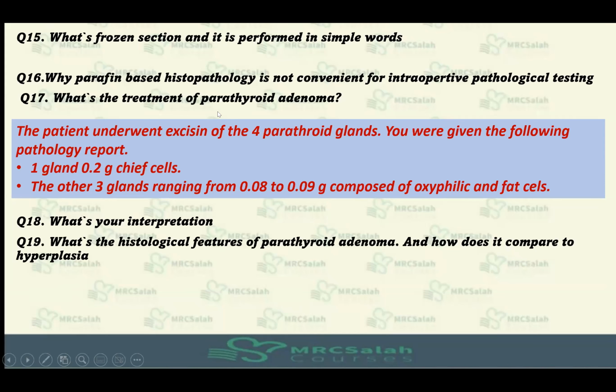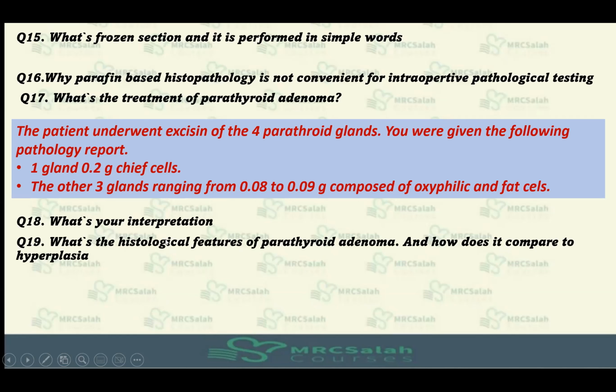How can we treat a parathyroid adenoma? Resection. Yes, excision. Okay. So the patient underwent excision of the parathyroid glands, and you have a pathology report which shows that one gland measures 0.2 gram with chief cells and the other 3 glands range from 0.08 to 0.09 with oxyphilic cells and fat cells.